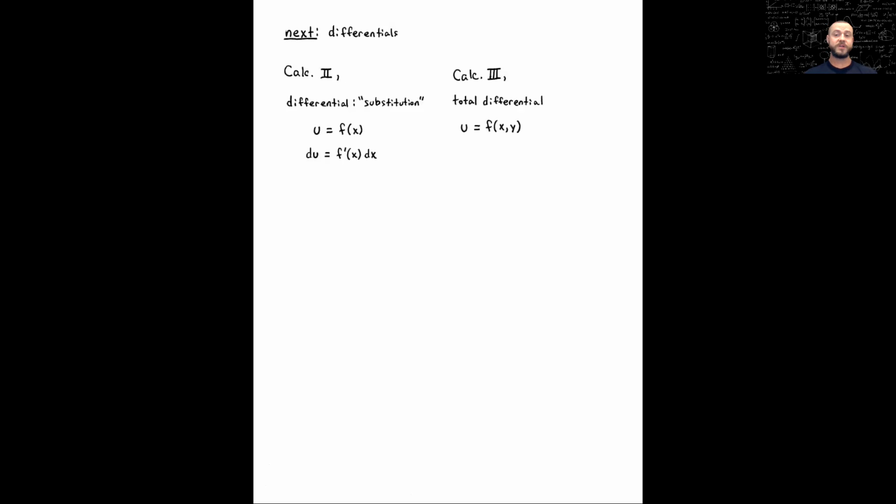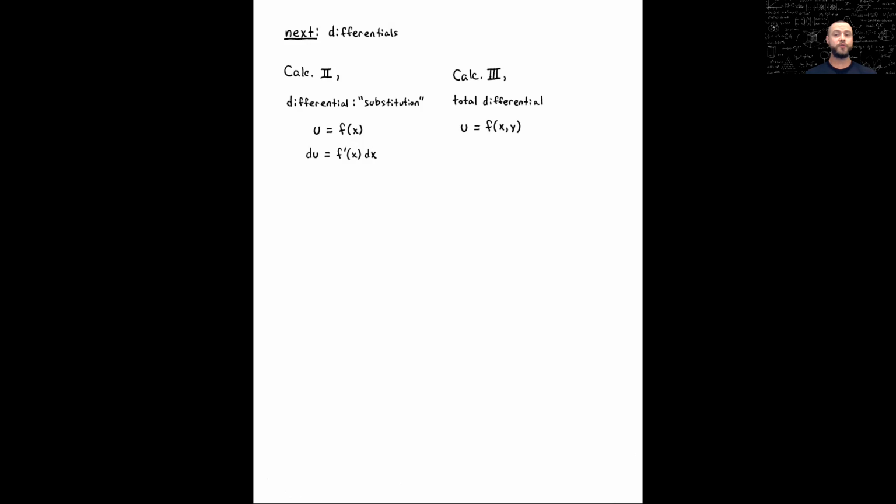All right, now when you get to Calc 3, or if you've completed Calc 3, you transition from functions of one variable to functions of two or more variables. So let's consider here, very similar to U substitution, let's suppose we have a function of two variables, a function f of x and y.